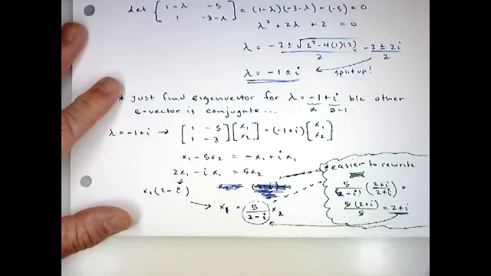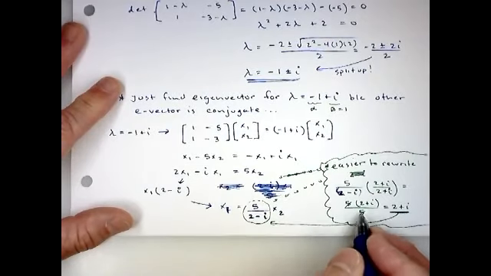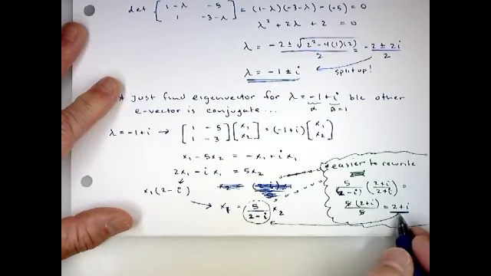Remember, i squared is really -1, so you're doing 4 minus -1, which is really 4 plus 1, gives me 5, which cancels out the numerator. This reduces to 2 plus i. This part right here reduces to 2 plus i.